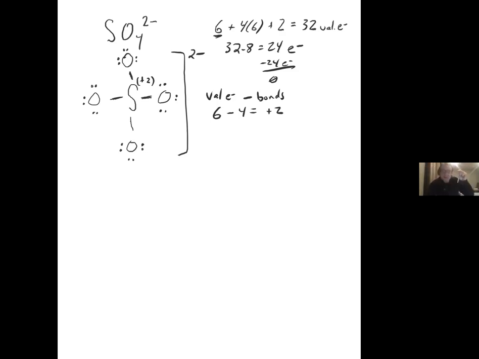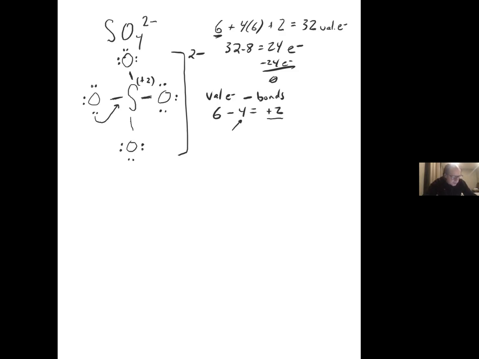So the way we go to a formal charge of 0 is by adding extra bonds. Because remember, you're subtracting the number of bonds. So if that gets bigger, then the formal charge gets smaller. Hopefully that makes sense. So one pair, I'm just going to pick one from one oxygen. That's going to give it an extra bond, right?